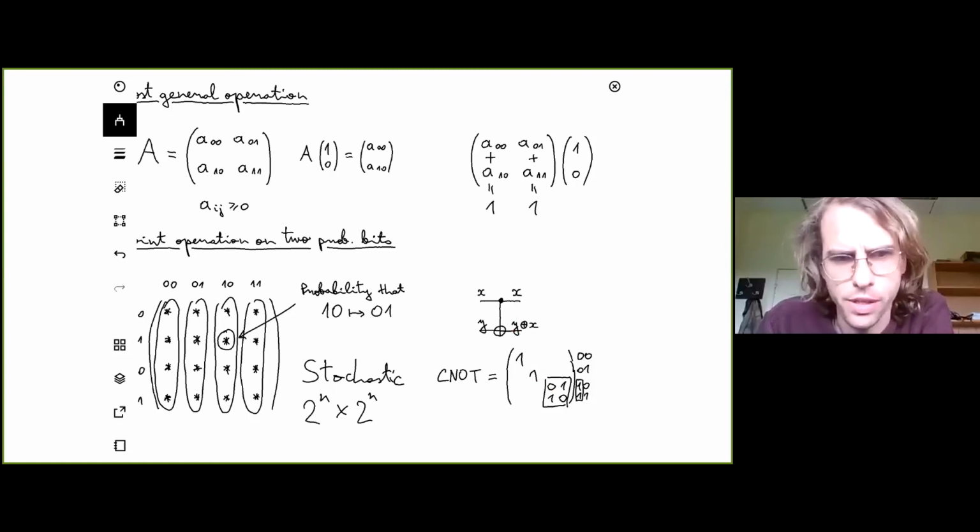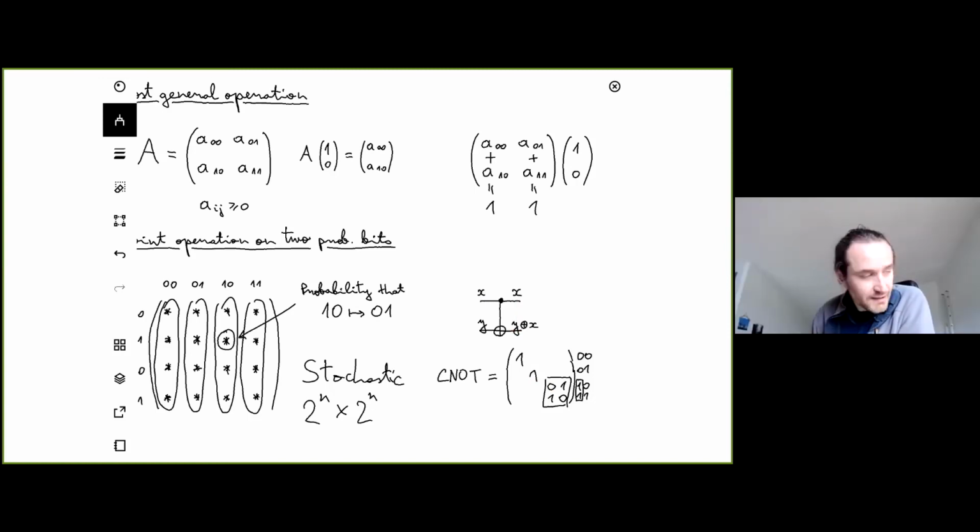And the meaning of this is that it's really a joint operation. You are not acting independently on these 2 bits. By the way, an independent operation would diagrammatically look like this, but mathematically you would write it as a tensor product of 2 by 2 matrices.